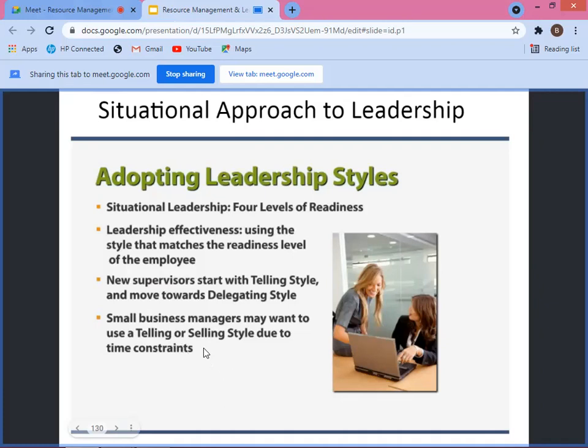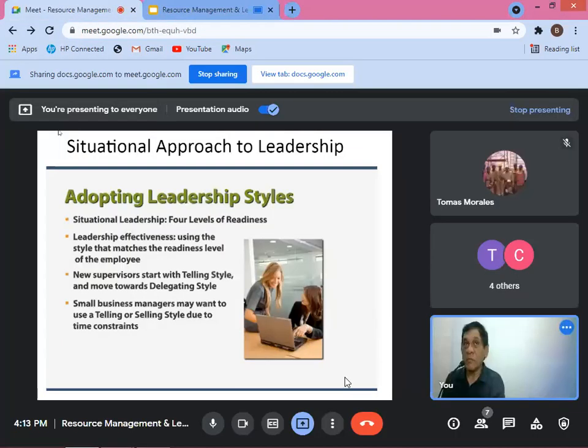For small business, micro business, the telling and selling style is okay due to time constraints, because you need to make money. The business is small and you have very limited resources to manage.